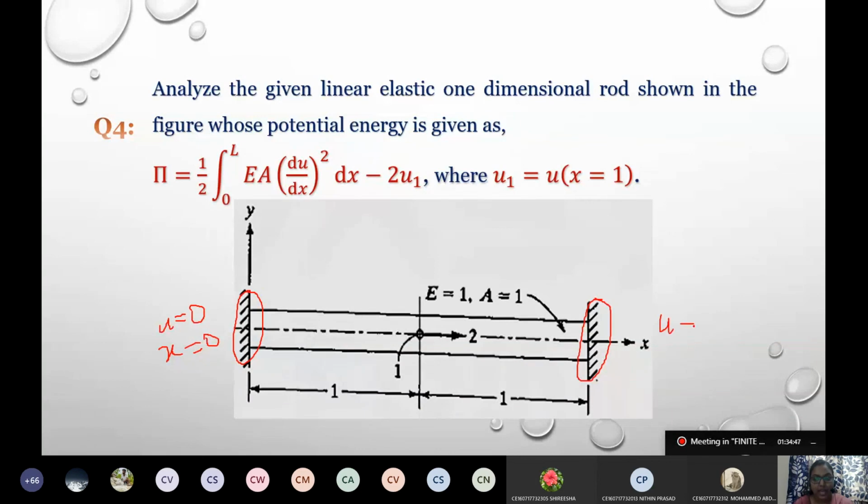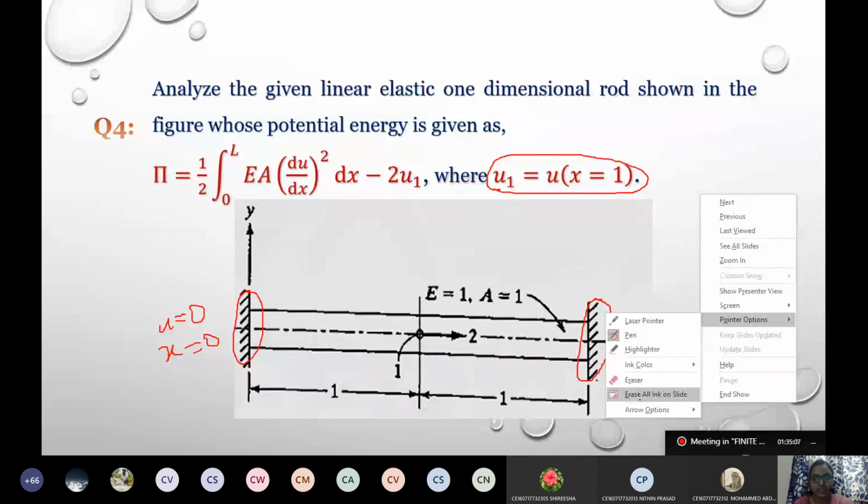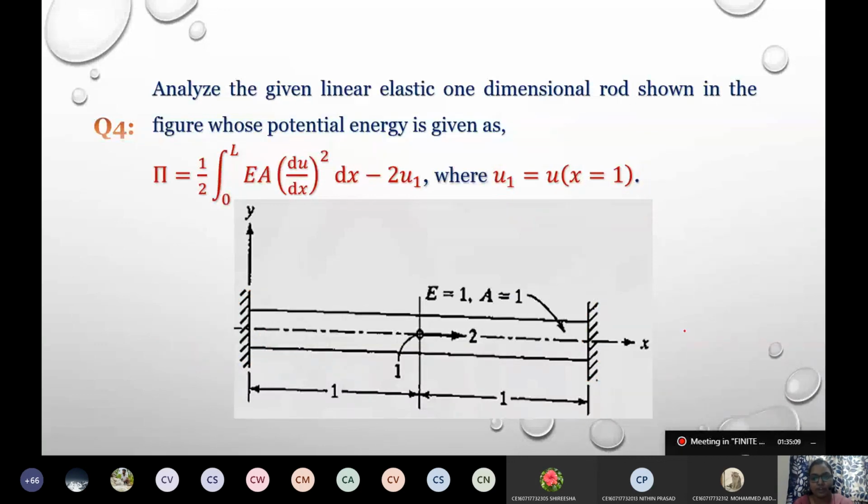And also u will be equal to 0 at x is equal to 2. That is the boundary condition. Only when x is equal to 1, there is a displacement happening, which is u2. That is given in the problem. So these are the boundary conditions we have for this given one-dimensional rod. Did you understand what I told? The boundary conditions, did you understand? I'm waiting for your response.